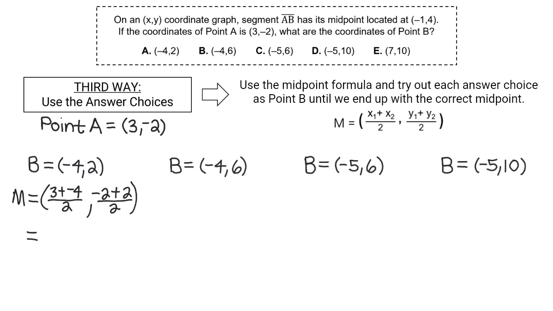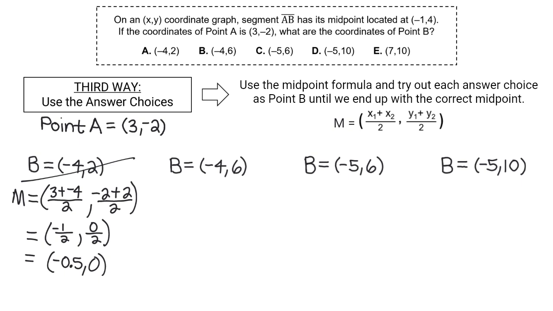Calculating that, you're going to end up with -1/2 and 0/2. And so that's going to give you -0.5, 0. That is not the correct midpoint, so we know that one's wrong.